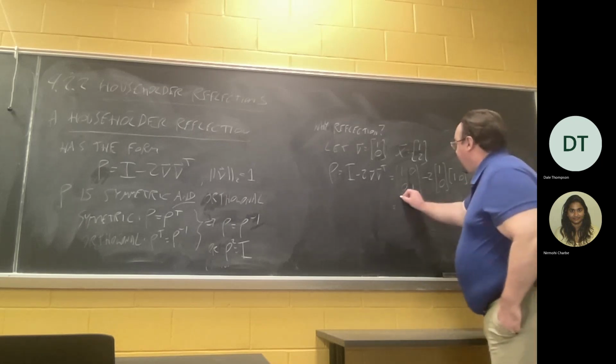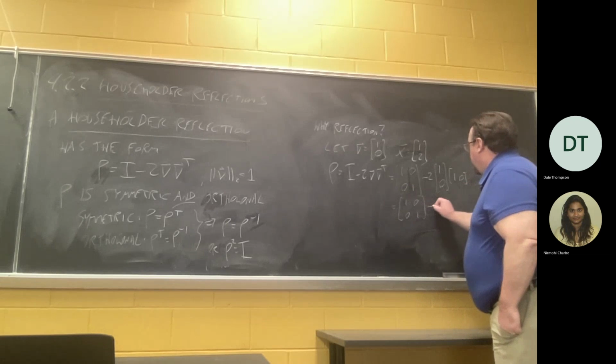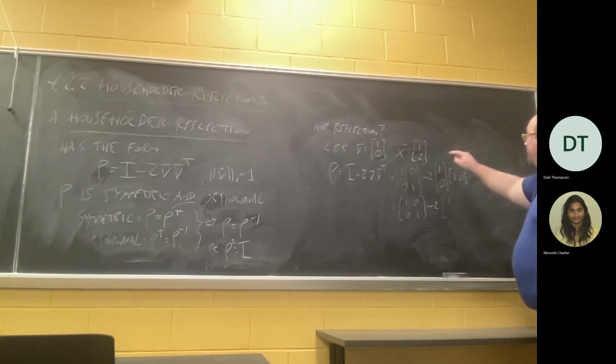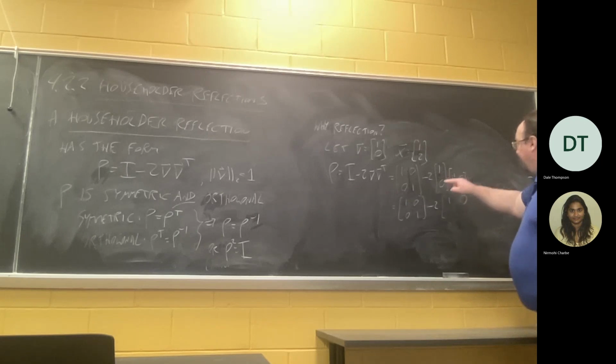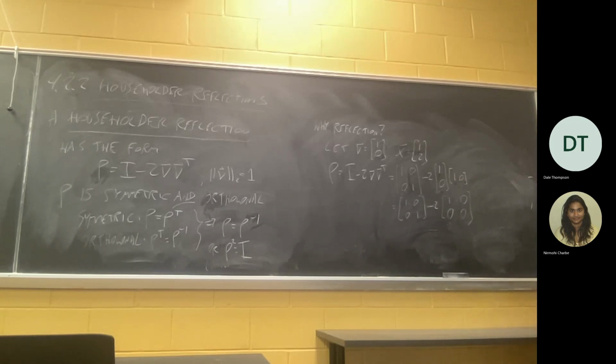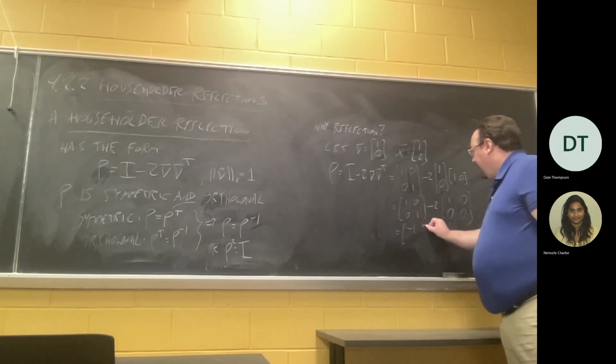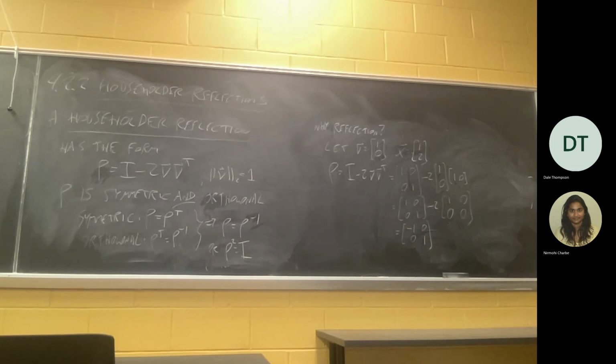So the 1,1 entry is first entry times first entry, the 1,2 entry first times second, then second times first, and second times second. We can see that's a rank 1 matrix because we only have that one non-zero entry. And then we complete the arithmetic. So it's just identity except the 1,1 element is negated.